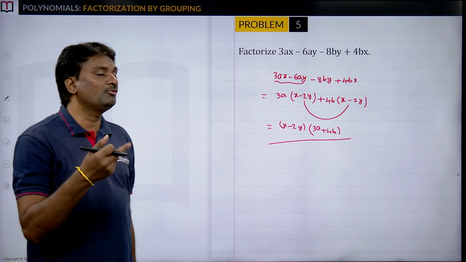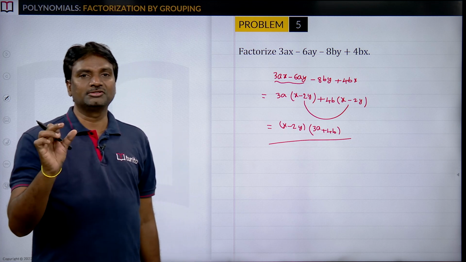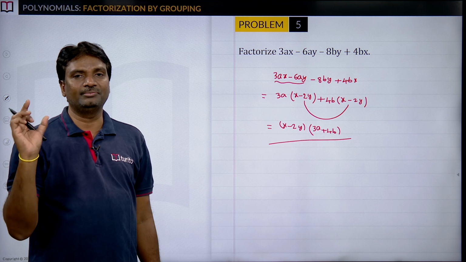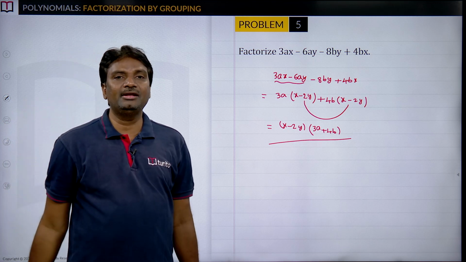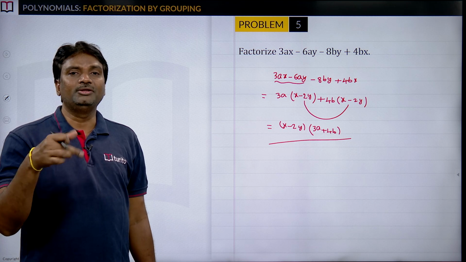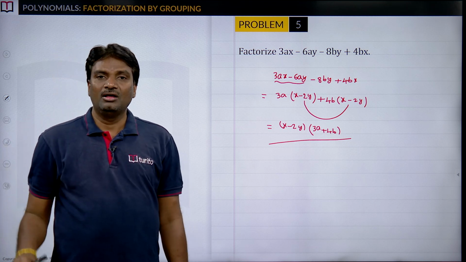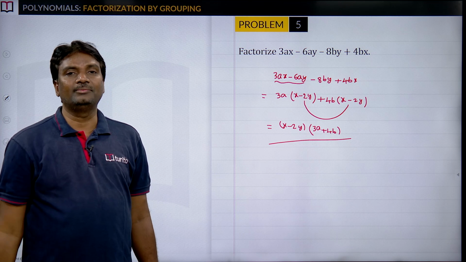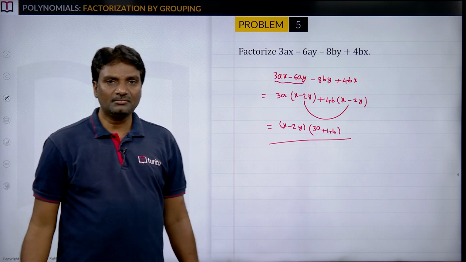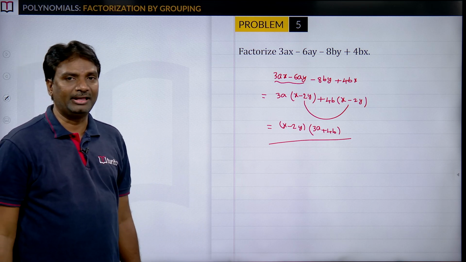That is why we have grouped the terms by writing first two terms, last two terms, or by writing first term, third term, second term, fourth term, like that. With respect to the given polynomial, you can group the terms. From that particular group, you can take the common factor. From the second group also, you can take the common factor. Finally, you will get the product of the factors of the given polynomial.